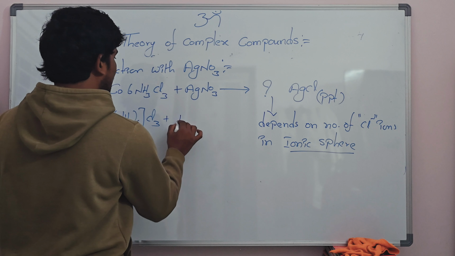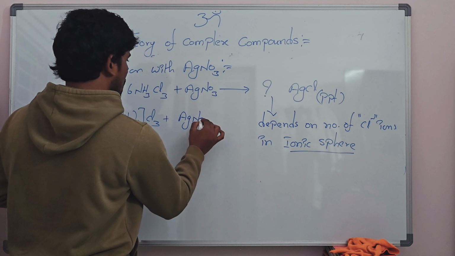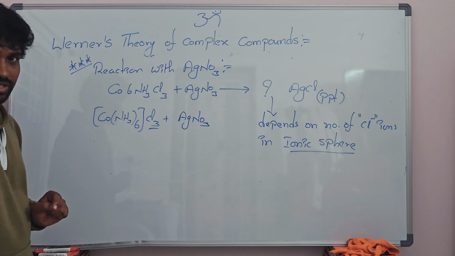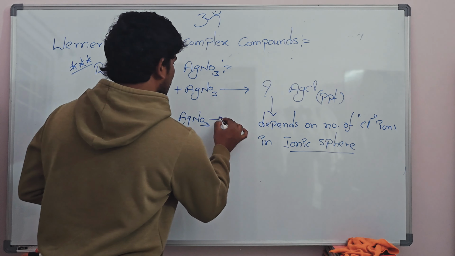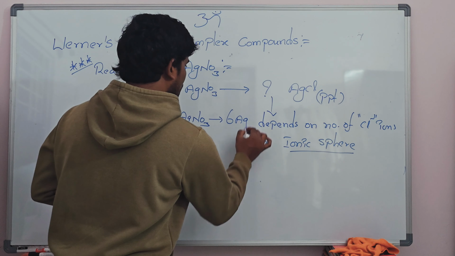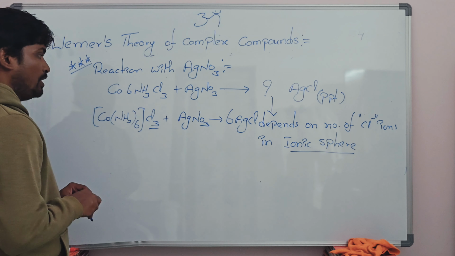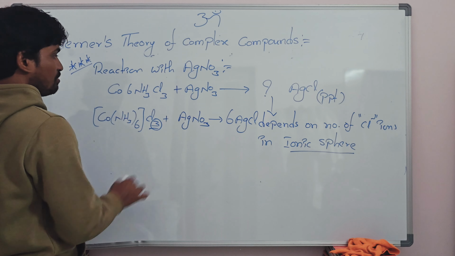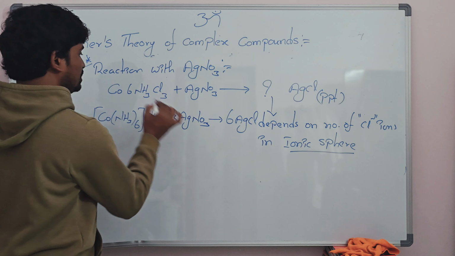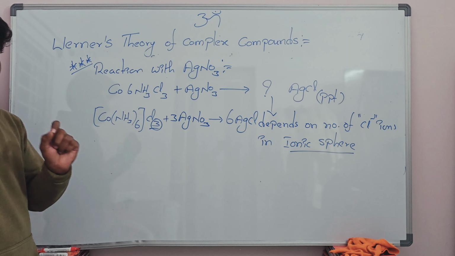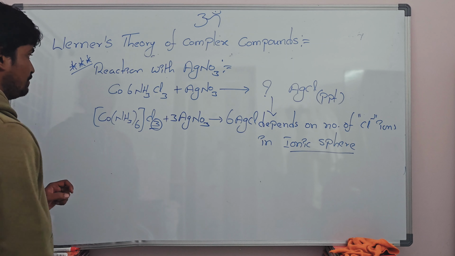So here the silver nitrate is reacting. How many Cls are present here? 3 Cls. So how many moles of AgCl are formed? 3 moles of AgCl formation takes place. Another important point: 3 Cls require how many moles of silver nitrate? 3 moles of silver nitrate. That is important for the exam.